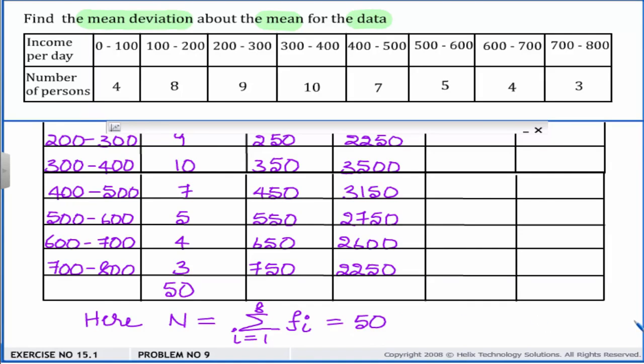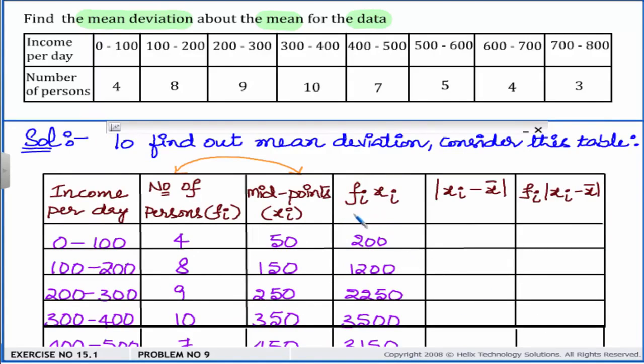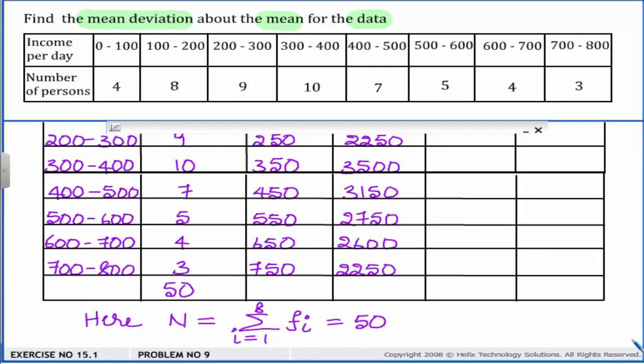Now similarly, the summation of fi into xi, where i equals 1 to 8, is equal to 17,900.